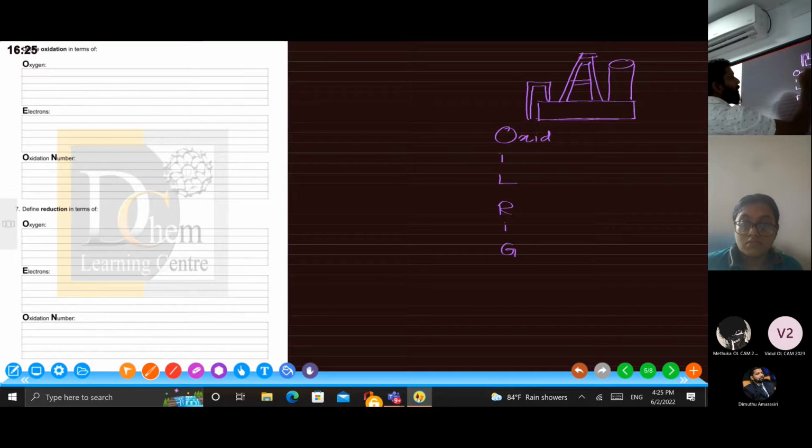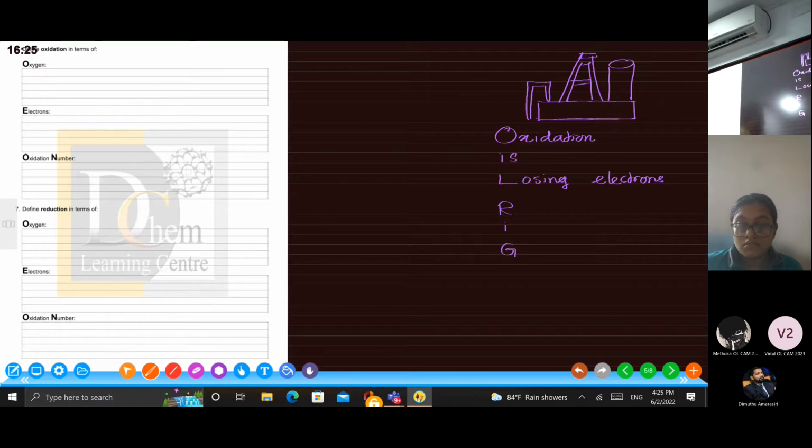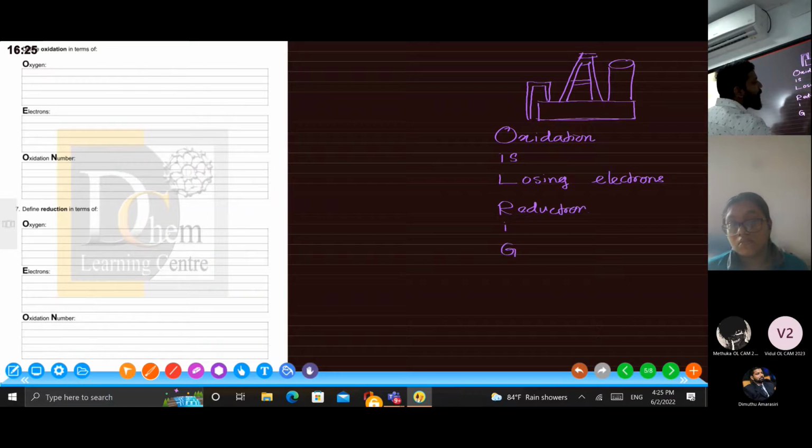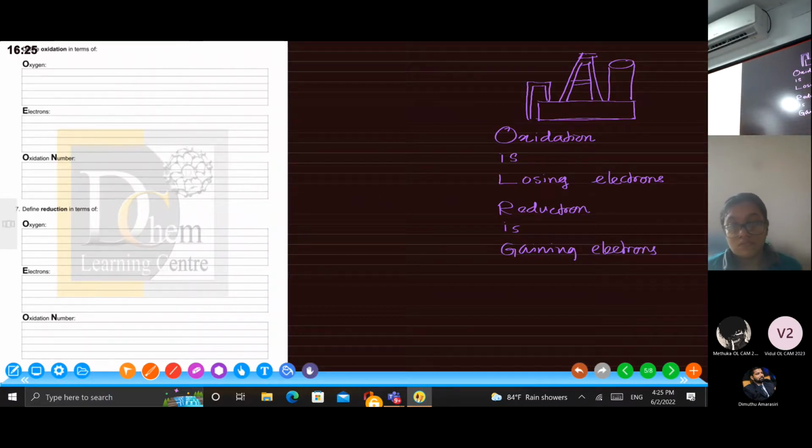Oxidation is losing electrons. Reduction is gaining electrons. The definitions they got clearly right.